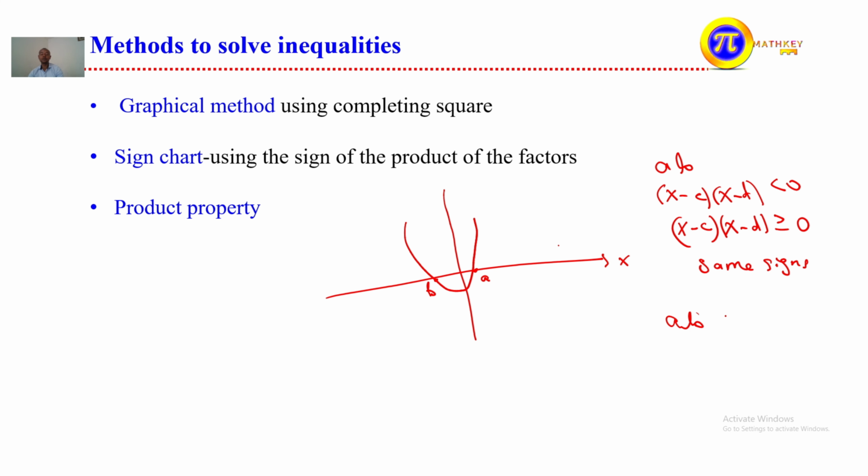This product is greater than 0 if and only if A and B have the same sign. Similarly, if A times B is less than 0, this implies A and B have opposite signs. So we use such properties or methods to solve quadratic inequalities.